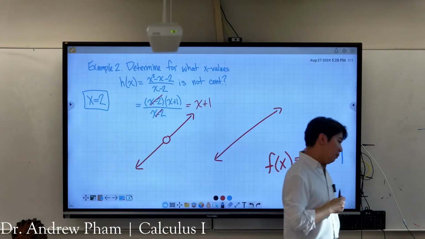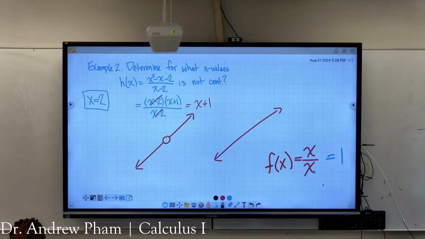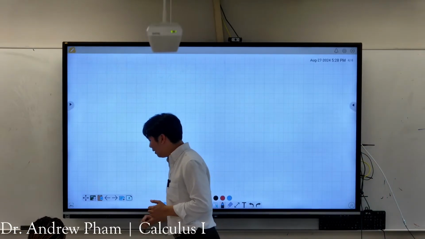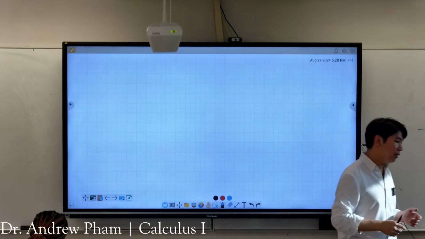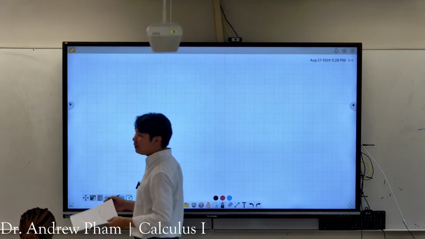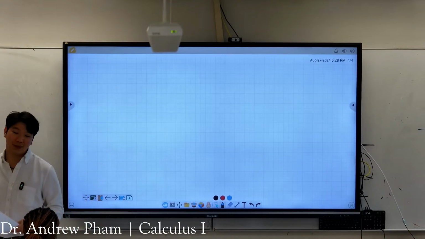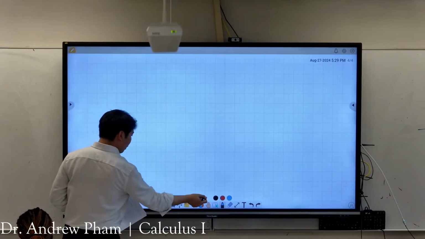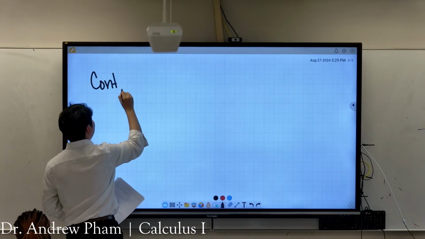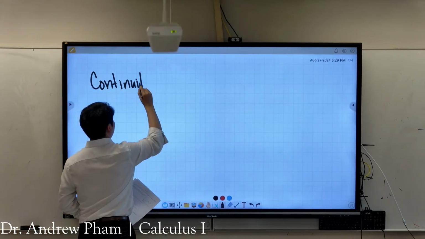All right, so now let's see how this relates to our limit and what we've been doing. What I'm going to introduce is what I'm going to call the continuity checklist. How do I check for sure if a point is continuous or not?